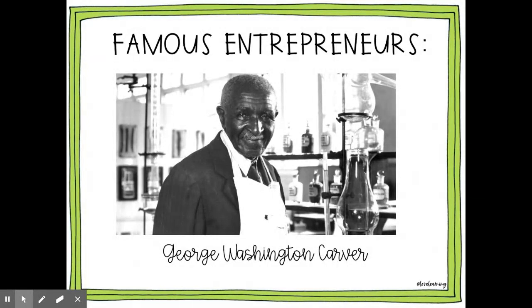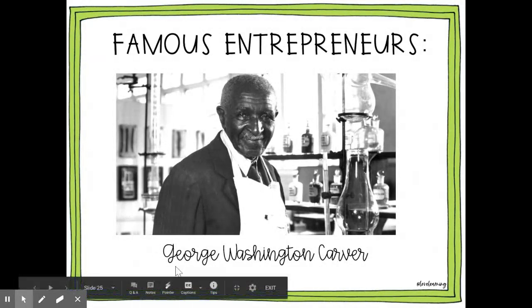But George Washington Carver figured out that if you rotate your crops and plant corn in one field and then maybe soybeans or wheat the next, you mix it up and you don't deplete the soil of its nutrients. He sold this idea and taught it to other farmers and made a lot of money. Again, he was an entrepreneur. He didn't just do it for the sake of science. He made money off of his ideas.